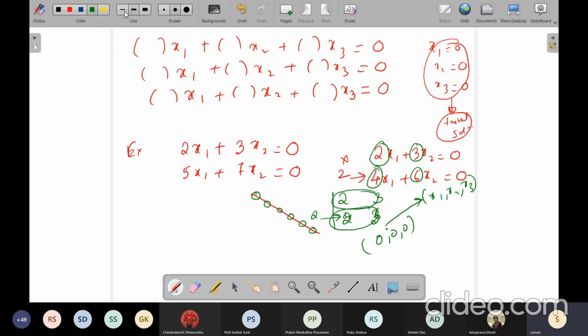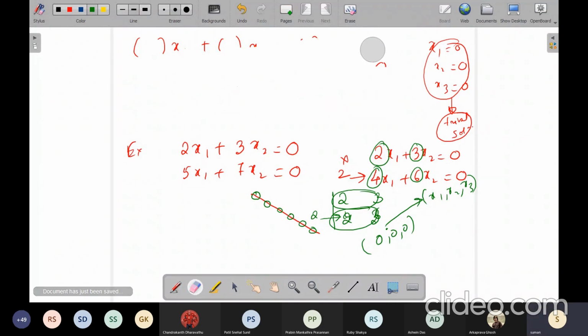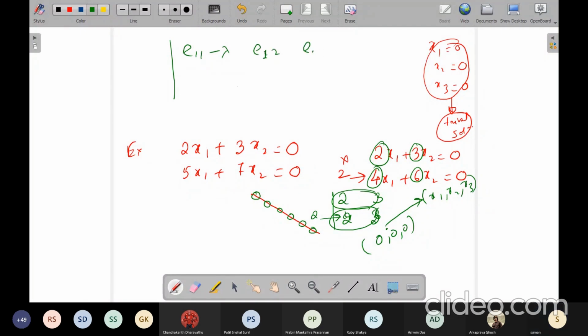Therefore, coming back to our physical problem, to get the non-trivial x1, x2, x3 out of the rate of deformation tensor, you must have the determinant of the matrix with entries E11 minus lambda, E21, E22 minus lambda, and E23, E31, E32, and E33 minus lambda, equal to 0.